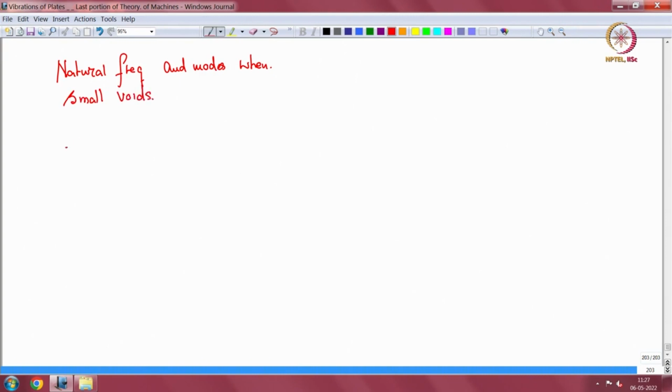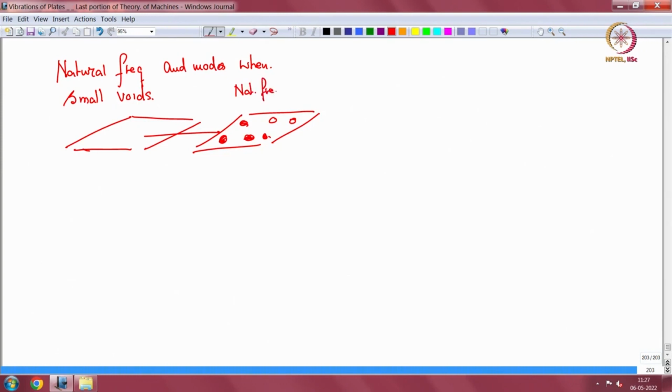Okay, so you have an original plate, and now you have taken out some chunks of material. Then you can find the effect of removal of this material, and you can find the new natural frequencies and modes. You can do that too.